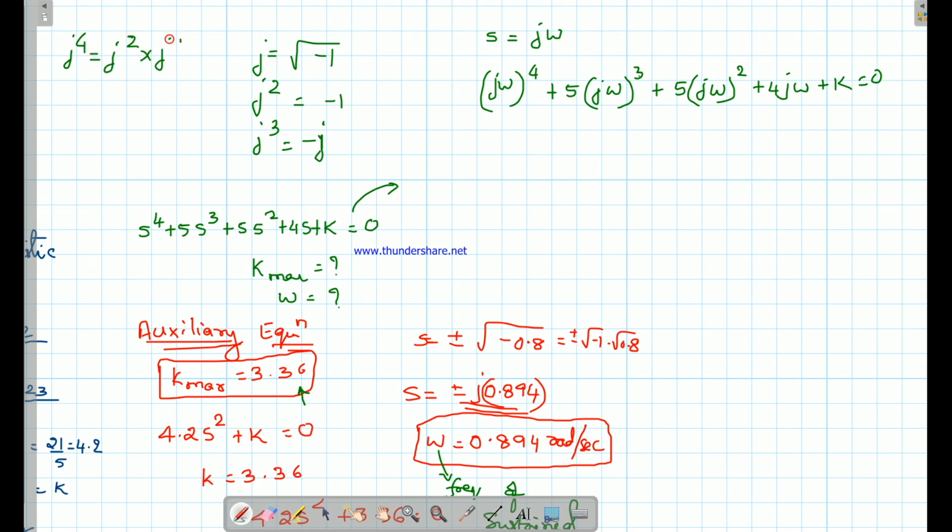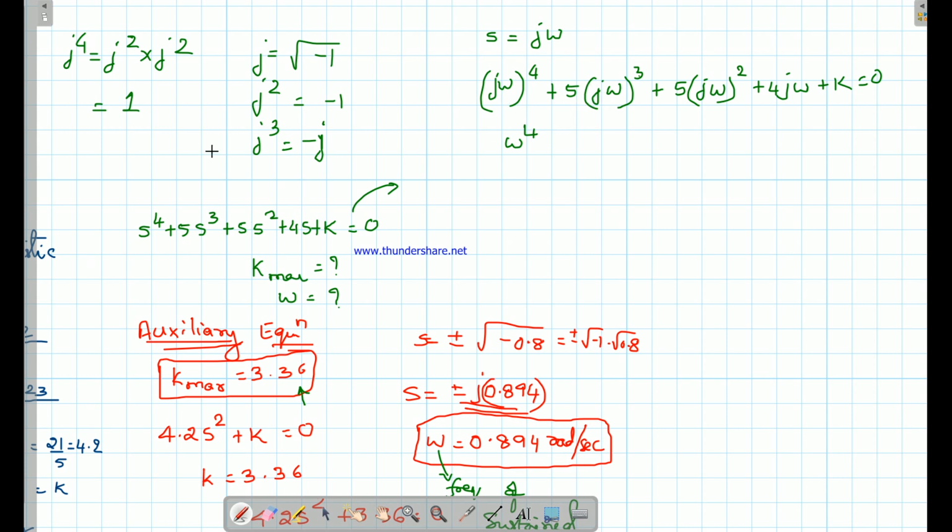One j square is minus 1, the other j square is minus 1, and minus 1 into minus 1 is plus 1. So if I put 1 here, I will be getting omega to the power of 4, because j to the power of 4 is 1 and omega to the power of 4 into 1 is omega to the power of 4.